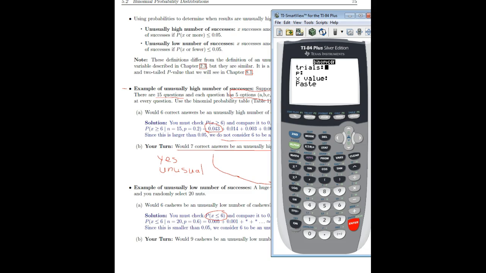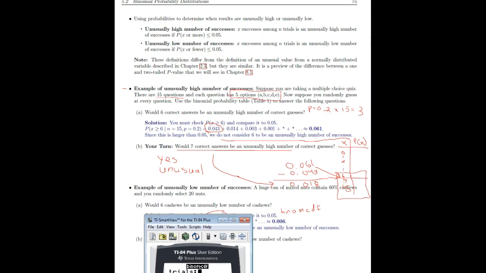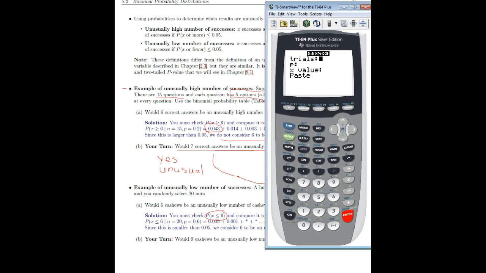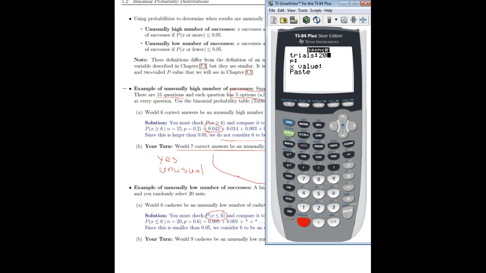Here we're doing 20 nuts, so that's our number of trials. The probability of success in any given one is 0.6 because 60% of them are cashews. And we want to find with CDF the probability of getting 6 or fewer successes, so we let x equal 6.